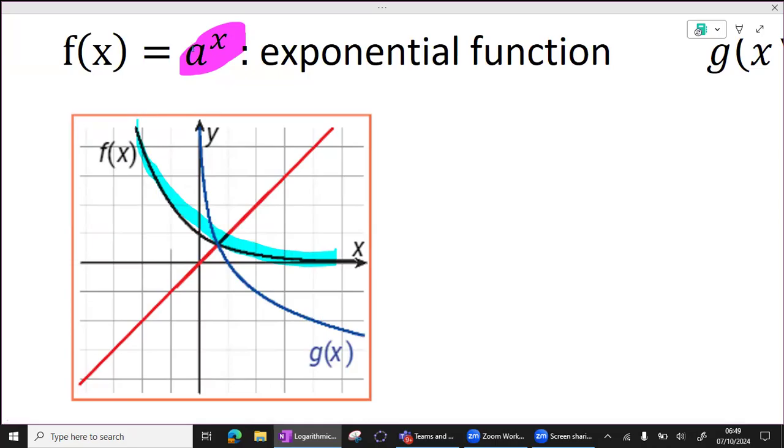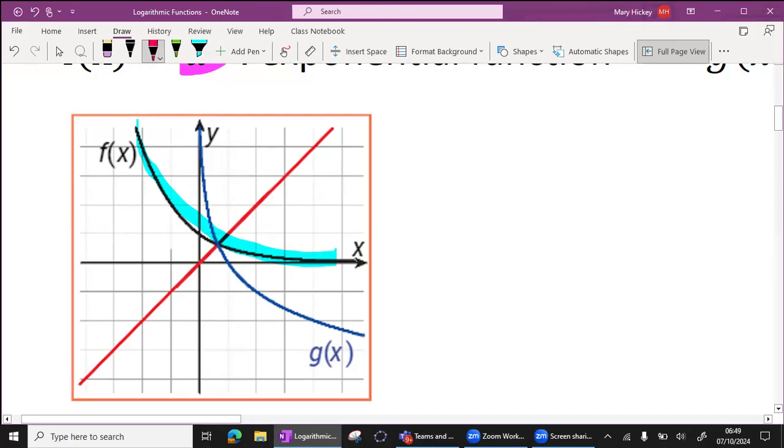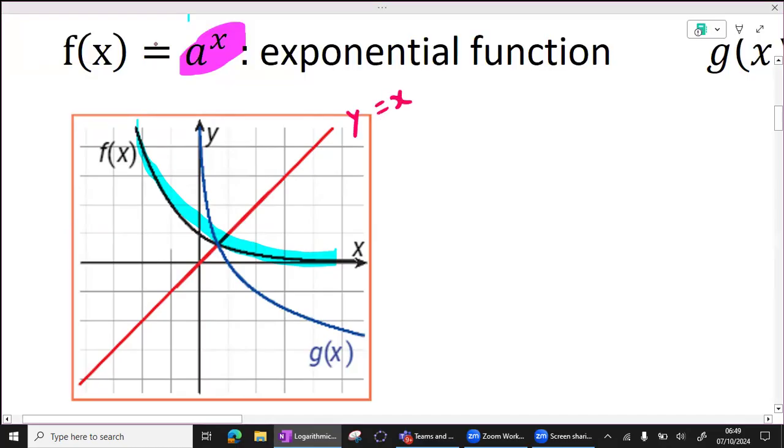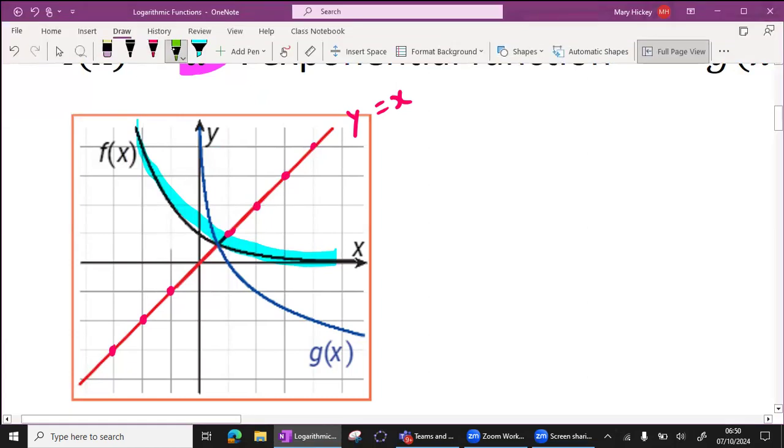Again, if you imagine the blue to be wet paint and you fold that along the y equals x line, which is the line where all the x and y values are the same, 1, 1, 2, 2, 3, 3, 4, 4, minus 1, minus 1, minus 2, minus 2, minus 3, minus 3, you will see that it would print exactly onto the blue one. So again, one is a reflection of the other.